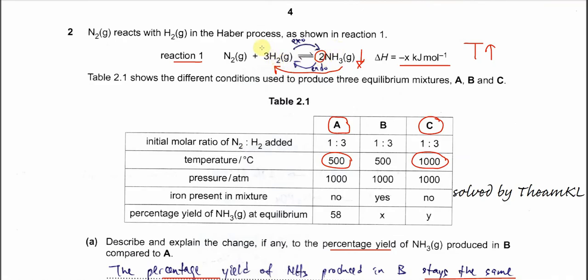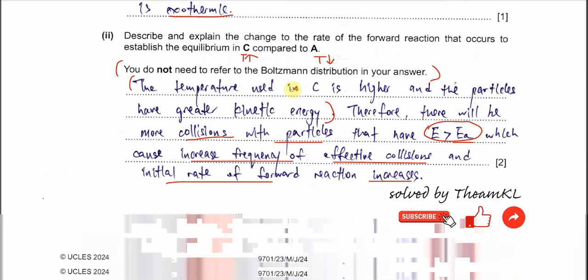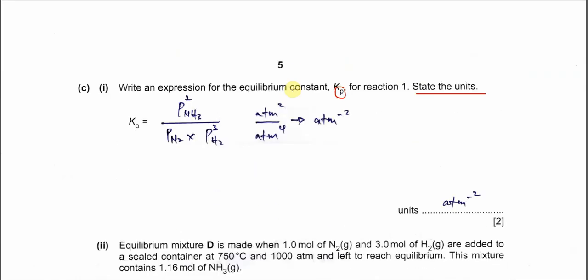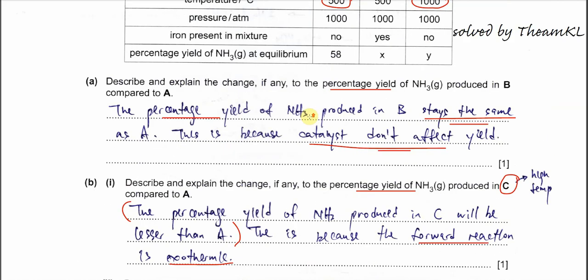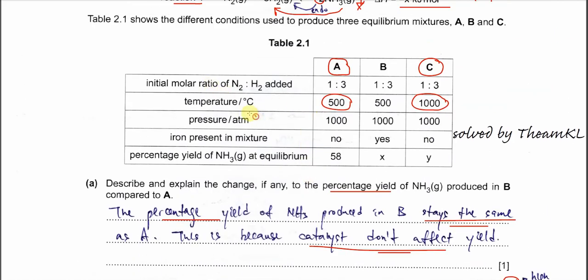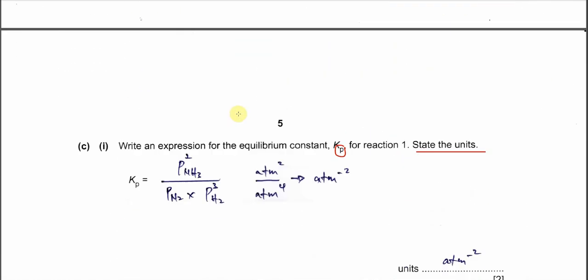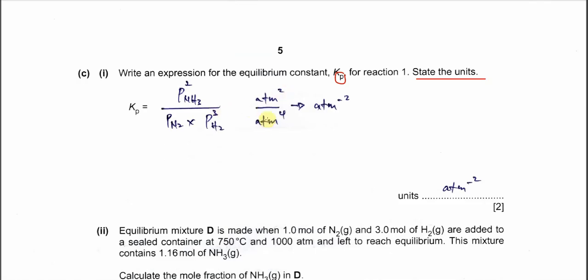For the hydrogen, the coefficient is 3, therefore it's cubed. And for the units of this Kp, you can use atm, because in the question the pressure is given in atm, so you just refer to table 2.1. So it's atm squared over atm to the power 4, so eventually you'll get atm to the power negative 2.